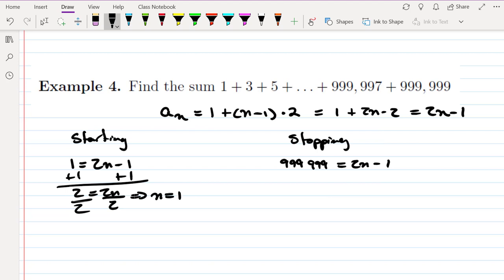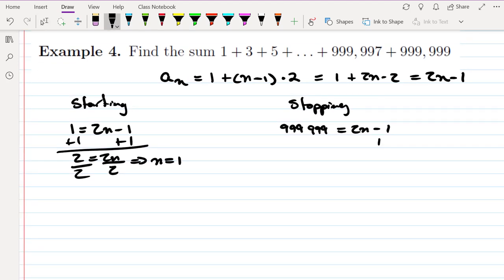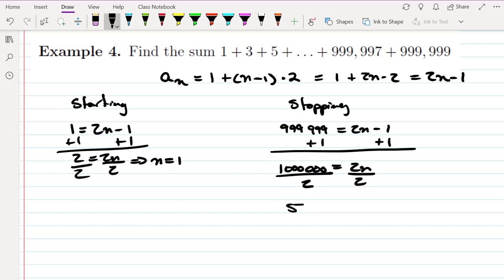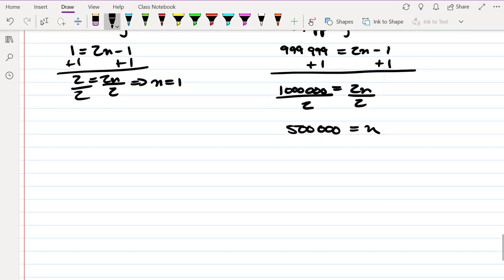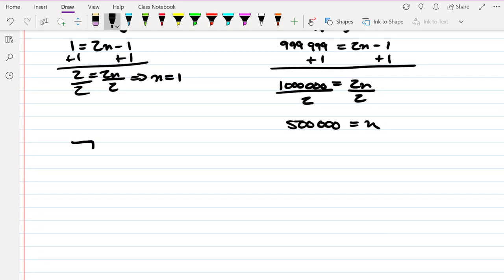So that tells us that we start when n equals 1, and we're going to stop when, so we add 1 to both sides, and we get 1,000,000 equals 2n, and we divide by 2, divide by 2, and so we stop at 500,000 is equal to n. So then in sigma notation, we get our sum as n goes from 1 to 500,000 of 2n take away 1.